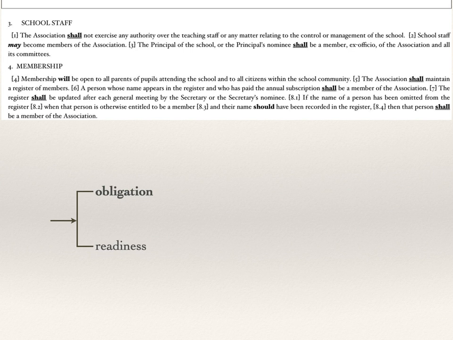The principal of the school or the principal's nominee shall be member ex officio of the association and its committees. Membership will be open to all parents, and so on. The association shall maintain a register of members, and so on. Annual subscription shall be a member of the association, etc.